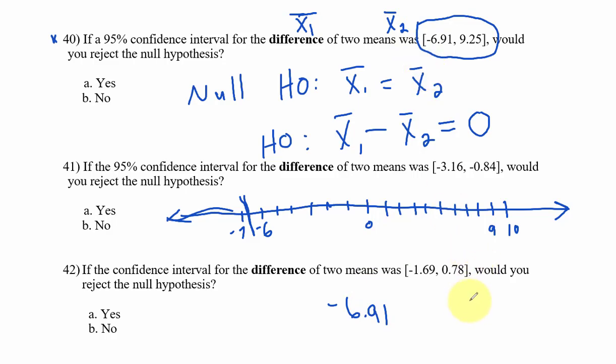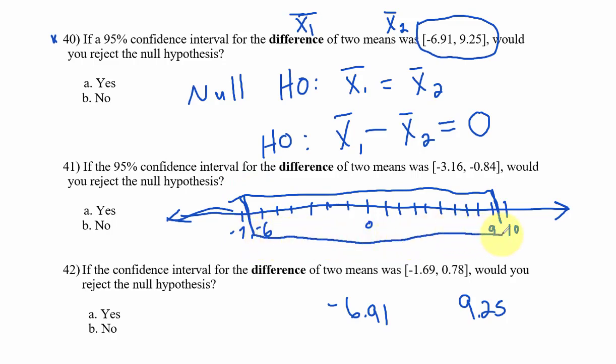And the end is 9.25, and that would be right about here. So any number in this box is in that interval, okay? So the difference between the two means could be anywhere in here, and the null states that it's 0.